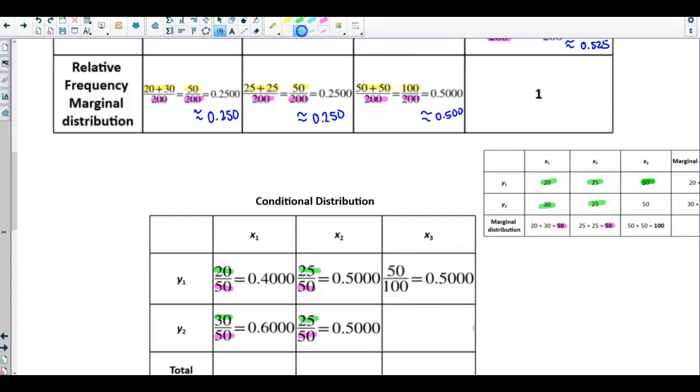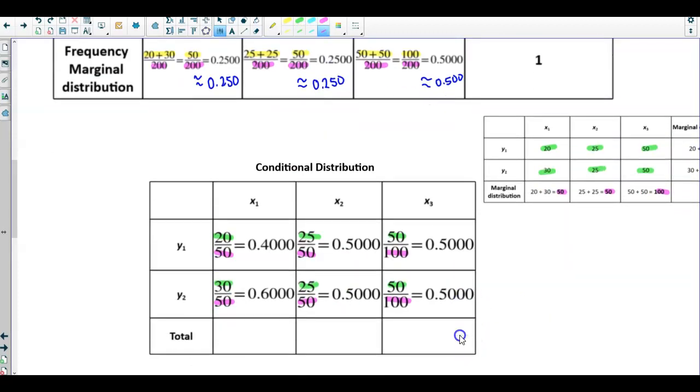We take the value of 50 and divide it by the column total of 100 to get 0.500. Similarly, we have 50 again, and dividing it by the column total of 100 gives us 0.500. Therefore, when we add each of these, we should get 1 here, and then 1 here.